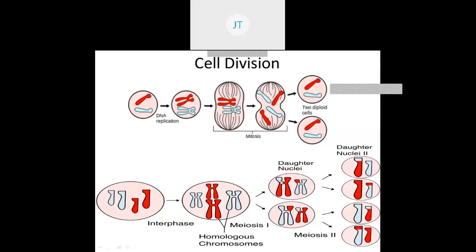You can see some blue part from this chromosome exchanged to here, and in the same manner some part of red exchanged to this blue chromosome. So exchange of genes takes place in meiosis, and two daughter nuclei form, and from those two daughter nuclei further cell division takes place.